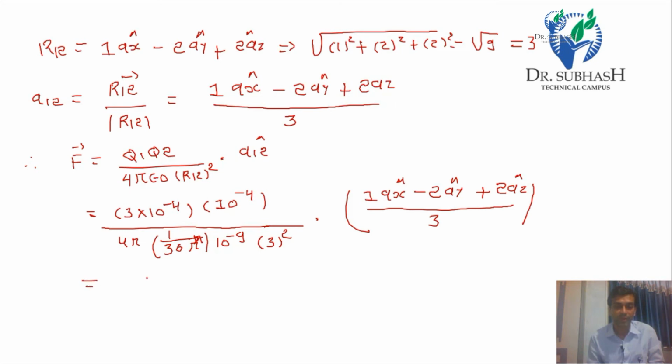So let's simplify it. Pi will cancel out, and 9 fours are 36.